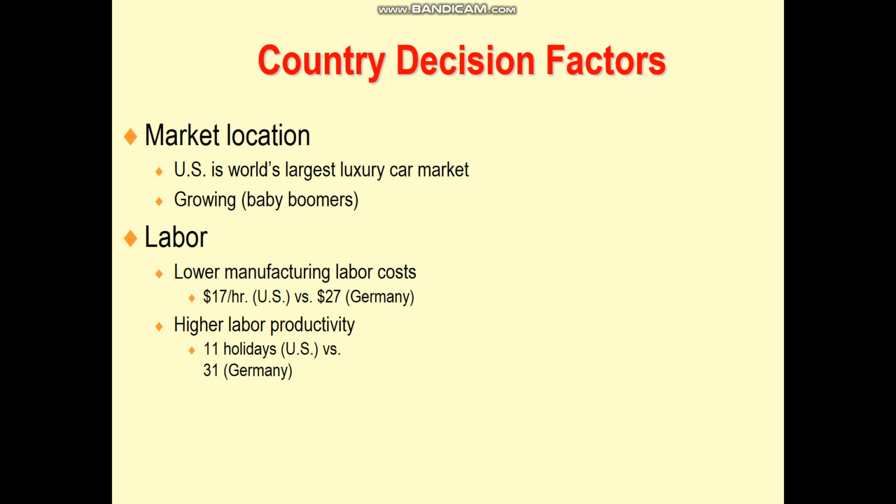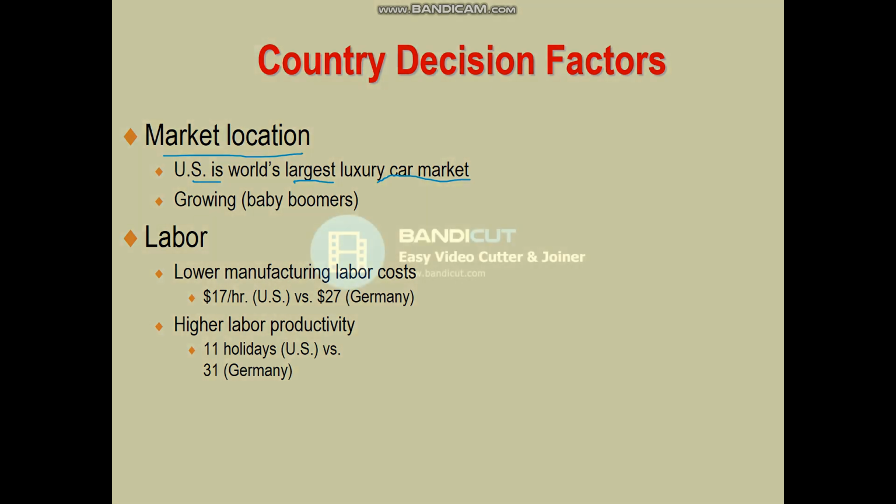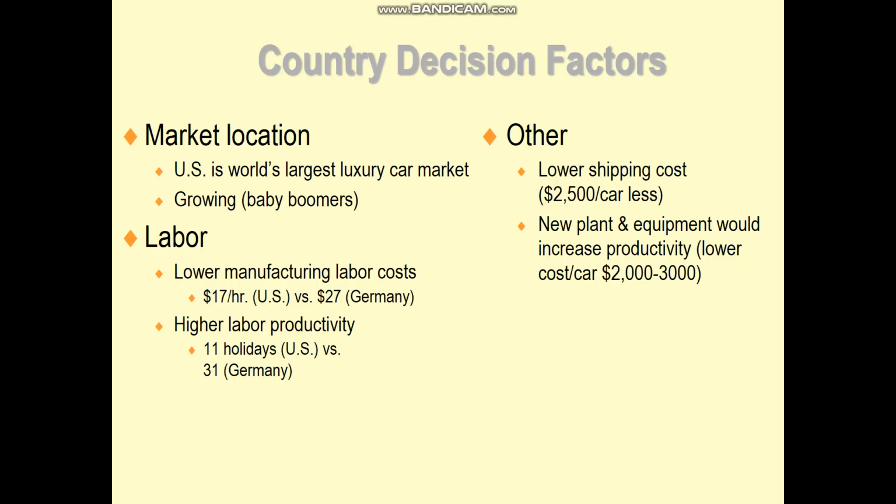So the first is the target market. Because US is the world's largest luxury car market. That's why we can see US is a potential market. The second factor they consider is labor. So the labor cost in US is much cheaper compared to Germany.